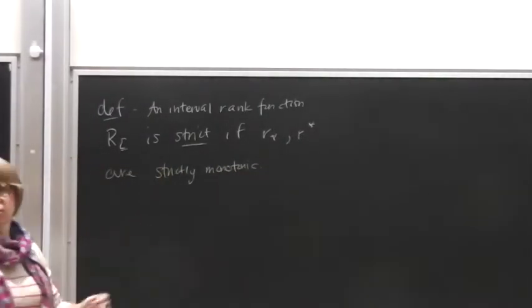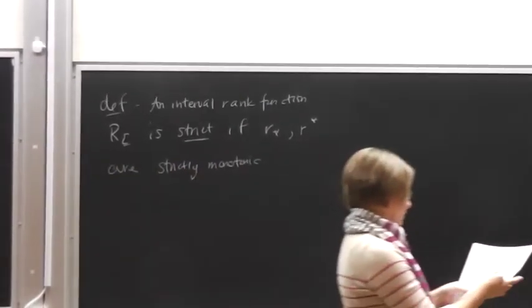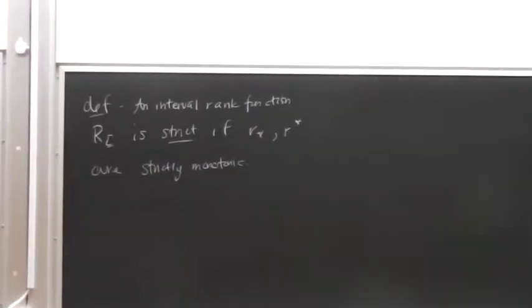So we have to always be increasing in each of the two coordinates in order to be a strict interval rank function. So all of the ones that I gave you except for that last one were strict interval rank functions. And so this kind of captures that intuition.